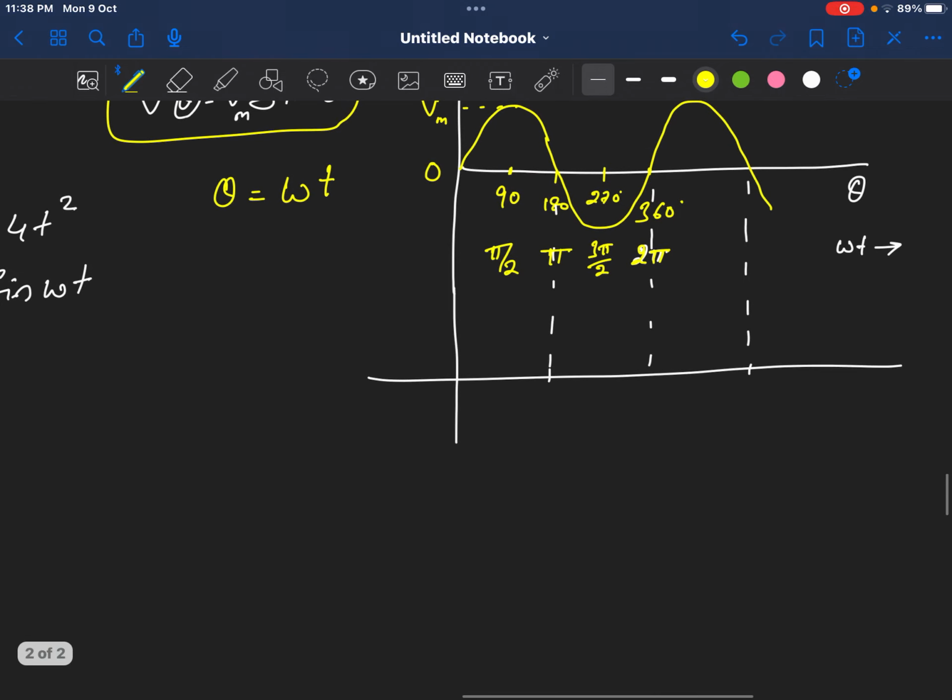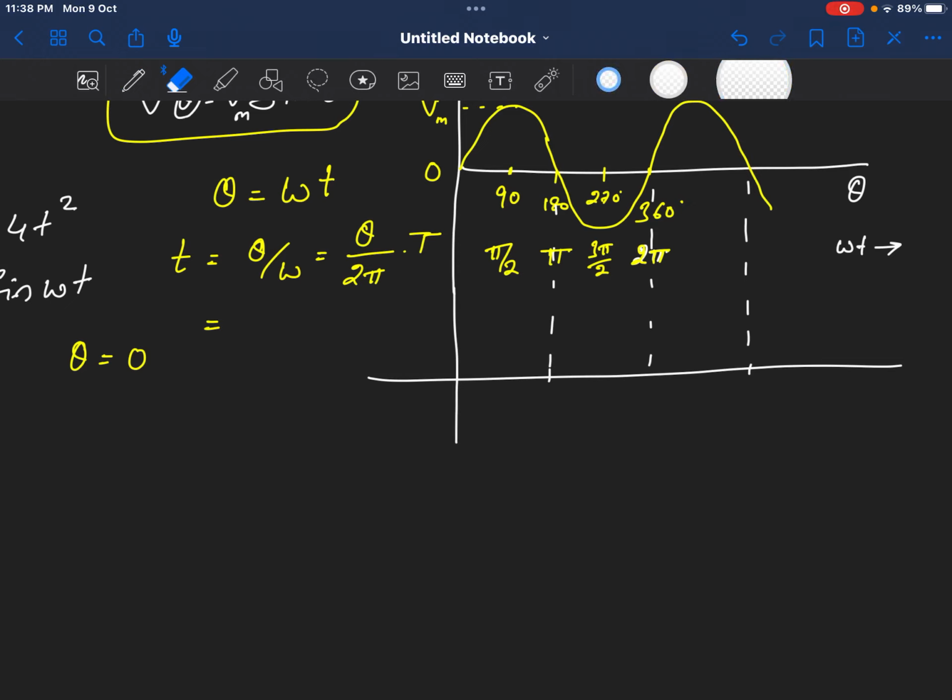Now if I rewrite the time here, time can be written as theta divided by omega, or theta by 2 pi into capital T. That means when theta is equal to 0 degrees, the time is equal to 0.